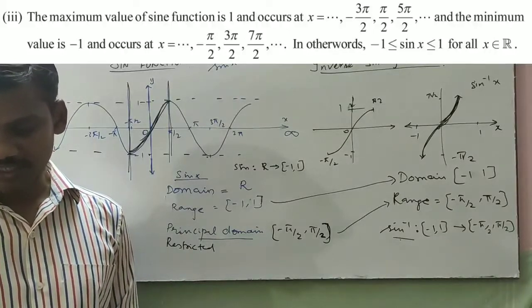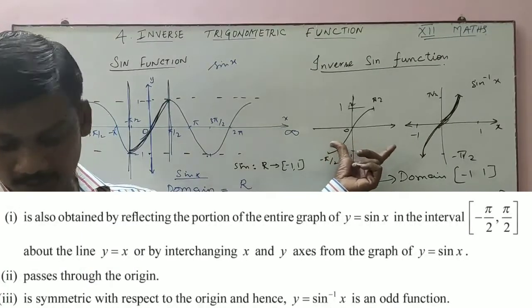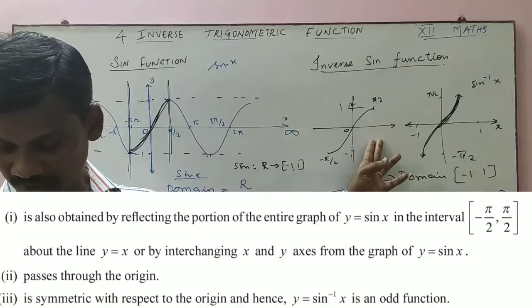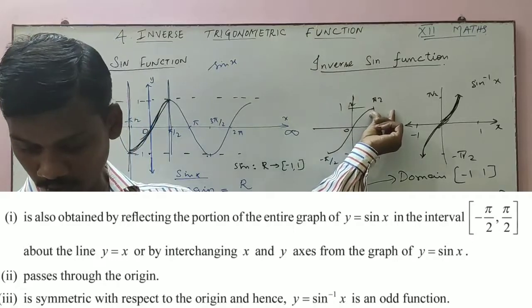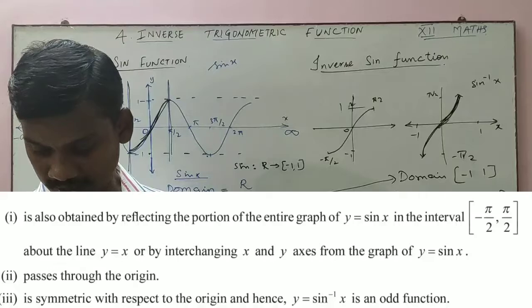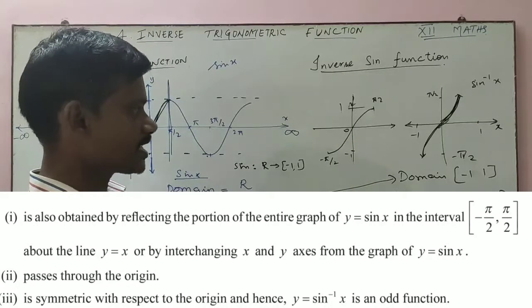Next comes the sine inverse. Here the first one is the graph is obtained by reflecting the portion of the graph of sin x in the interval minus pi by 2 to plus pi by 2 about the line y equal to x, by interchanging the x and y axis.